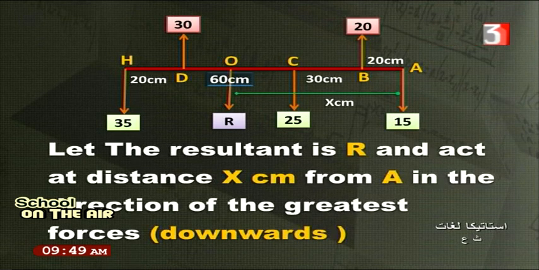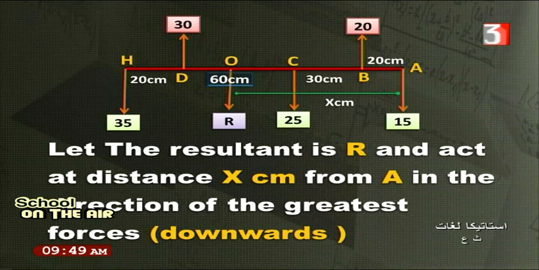The resultant is R. We suppose R acts at point O at distance x from the point A in the direction of the greatest forces. Look at the forces down, 35 plus 25 is 60, plus 15 equals 75. But the forces up, 20 plus 30 equal 50.